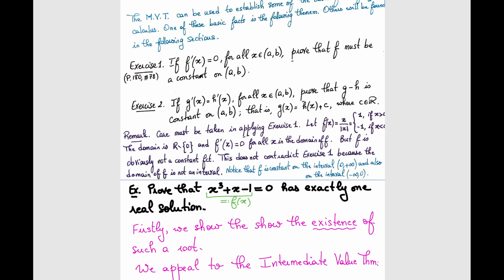But be careful. Exercise 1 tells us that f must be a constant as long as you are talking about an interval (a, b). Over here, the domain is not an interval, it's minus infinity to 0 union 0 to infinity. So it's the union of two intervals. As such, exercise 1 is not applicable. However, what's applicable is that you can think about just a piece of the domain, 0 to infinity, and minus infinity to 0.